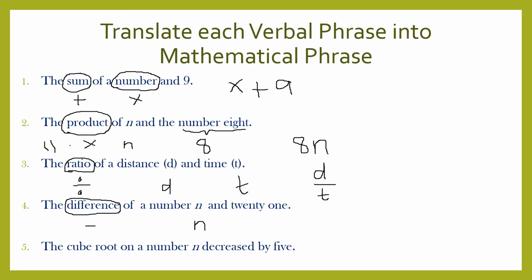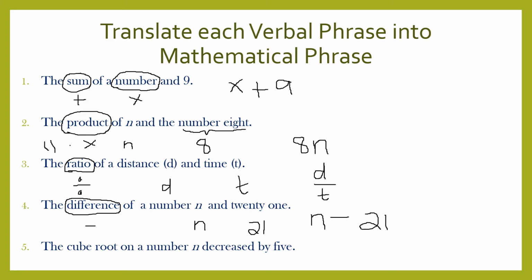Writing this into a mathematical phrase, we get the difference of a number n and 21. So that is n minus 21.